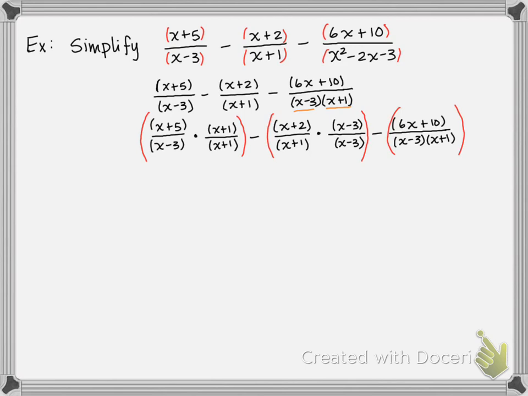Oh, okay. So if you had 1 over x plus 5 plus 3 over 2x minus 3, then we'd need a 2x minus 3 here, and we'd need an x plus 5 here.